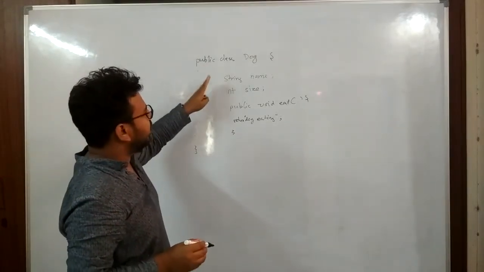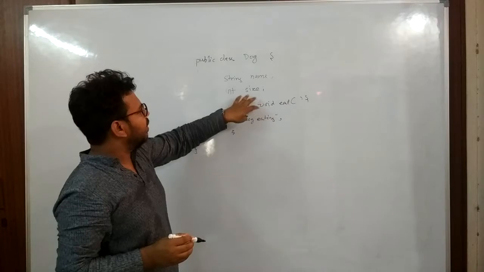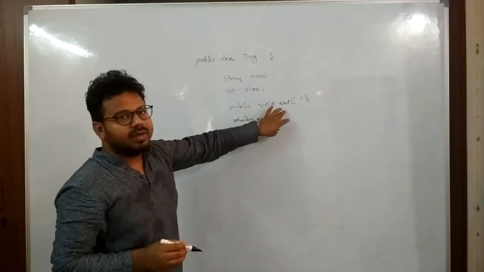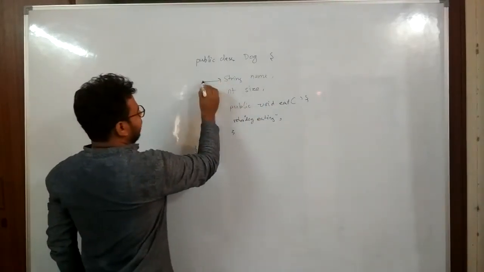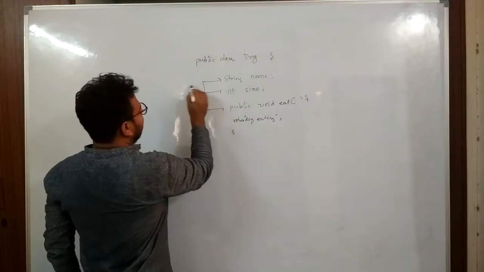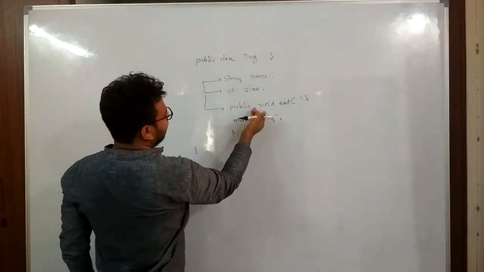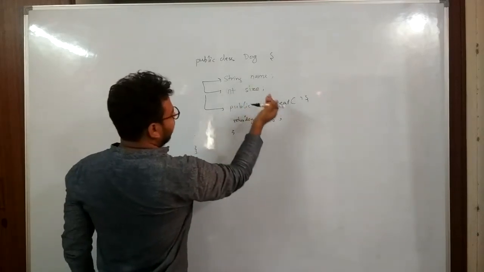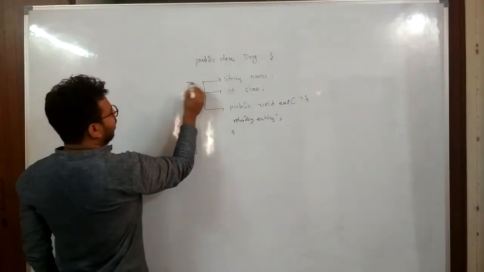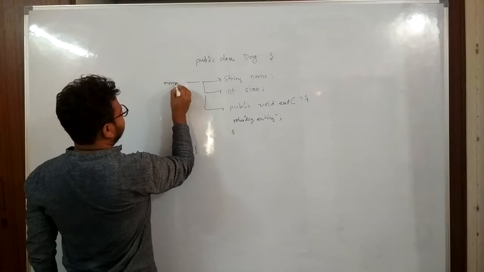So here we have the variables name and size, and a method eat. These three things, all the things defined in a class, that is name, size, and the eat method, are called members.